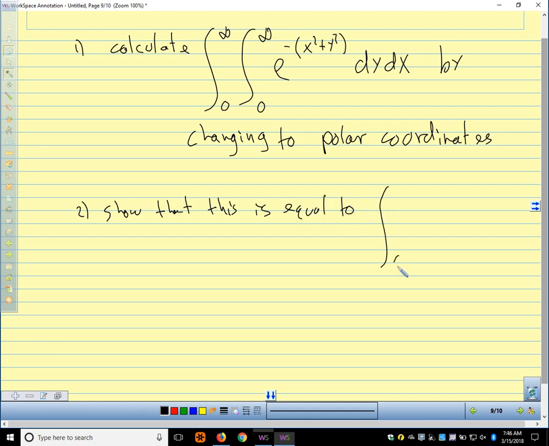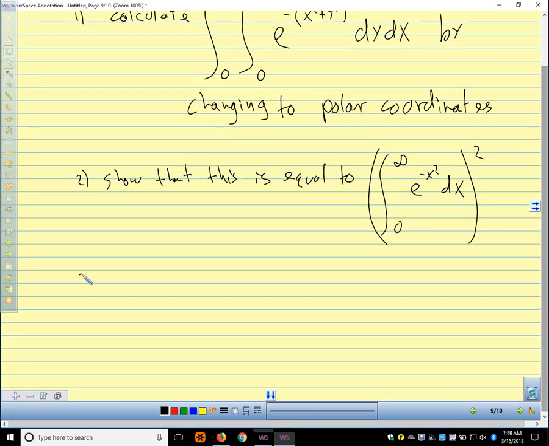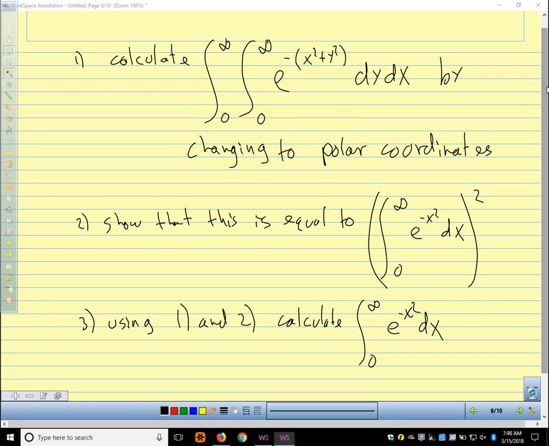Part 2: show that this is equal to the integral from 0 to infinity of e to the minus x squared dx, squared. Using 1 and 2, calculate the integral from 0 to infinity of e to the minus x squared dx.